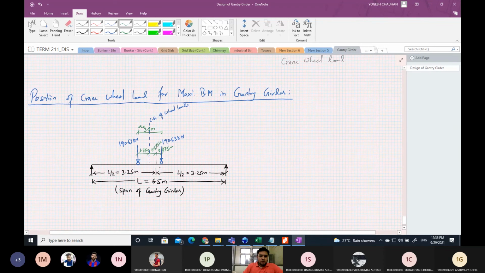Okay. Now the maximum bending moment will occur under this point load.